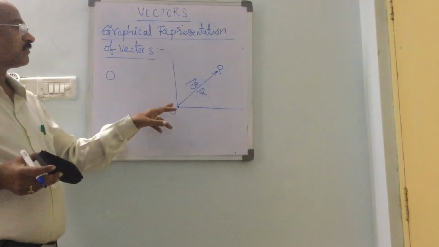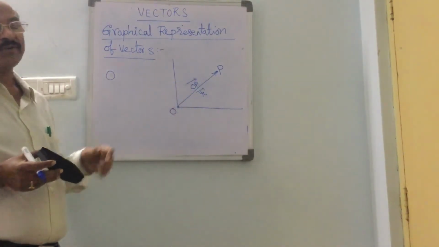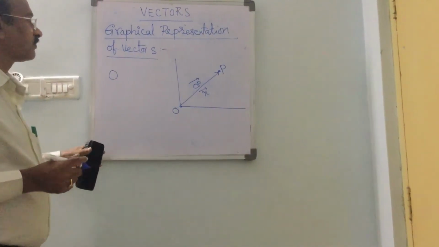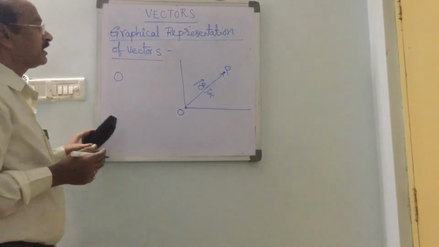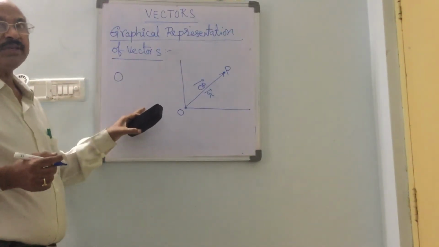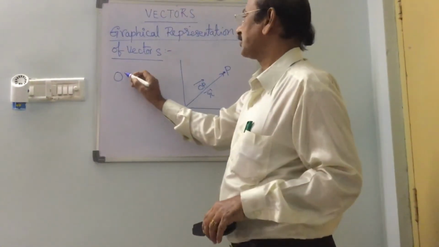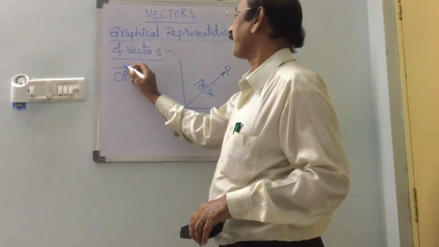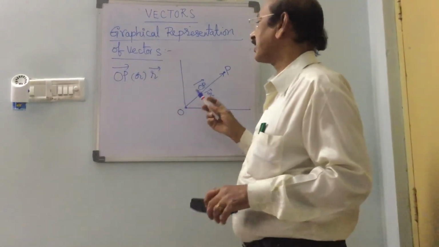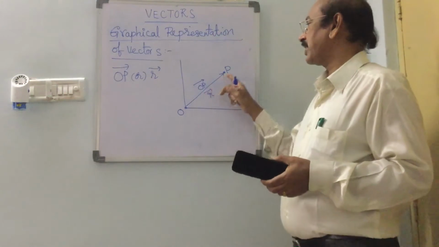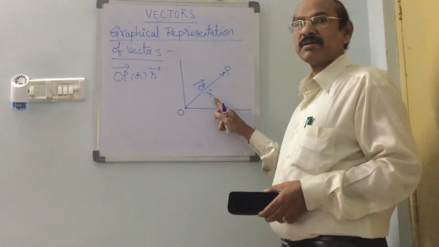If the vector has an initial point and a final point, and there is importance for the starting point and final point, then that vector is represented by two letters. If there is no importance for the starting point and ending point, then it is represented by a single letter, R bar.